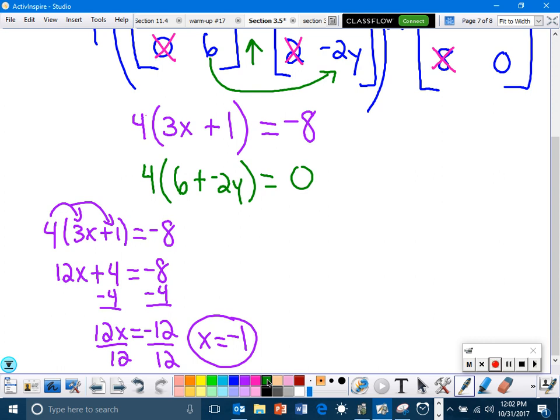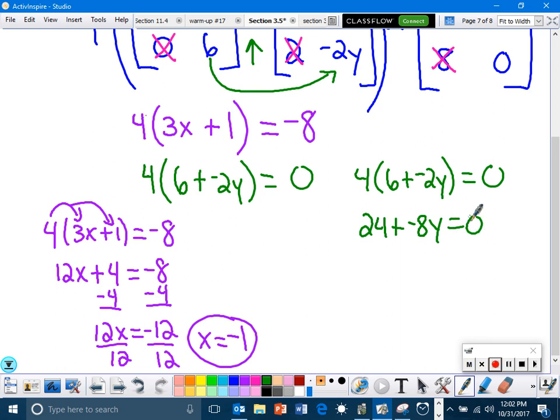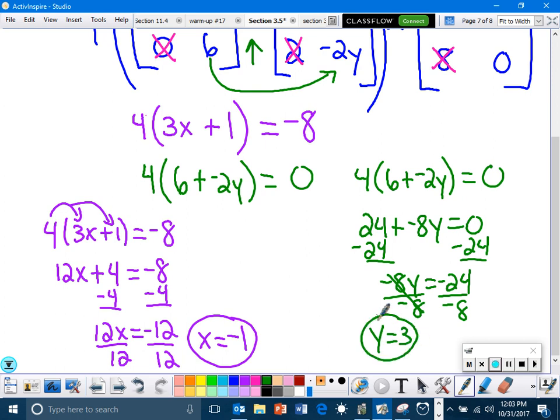Now the other one. So the other one is y equals +3. That's all there was to it.